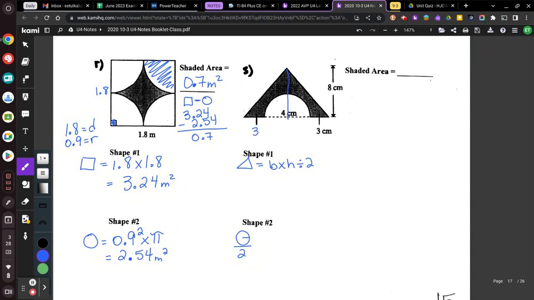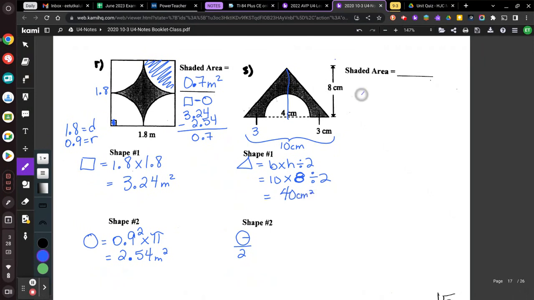Our base is going to be 3 plus 3 plus 4. So our base is going to be 10 centimeters times 8 centimeters divide 2. So that's going to give us a total of 40 centimeters squared.